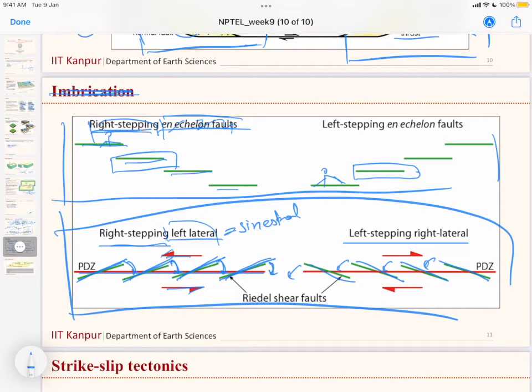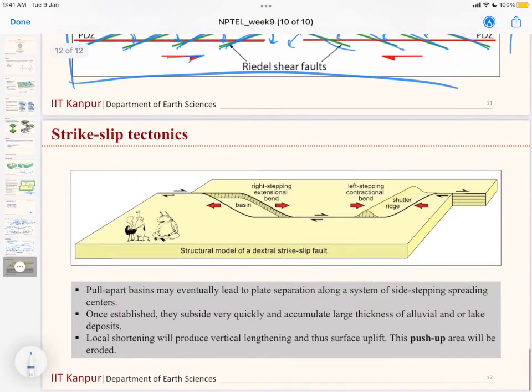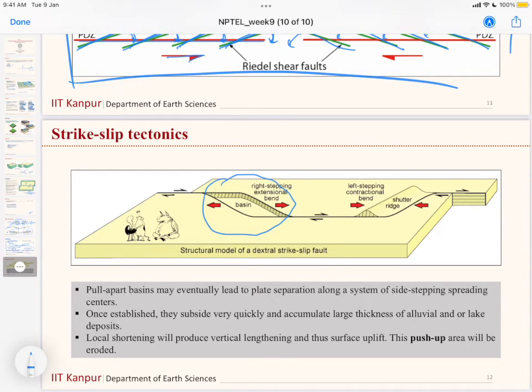Okay, moving further, if we continue the same discussion. This is again strike slip tectonics, and we have already seen that on the left hand side there is a basin kind of feature, a depression like this.